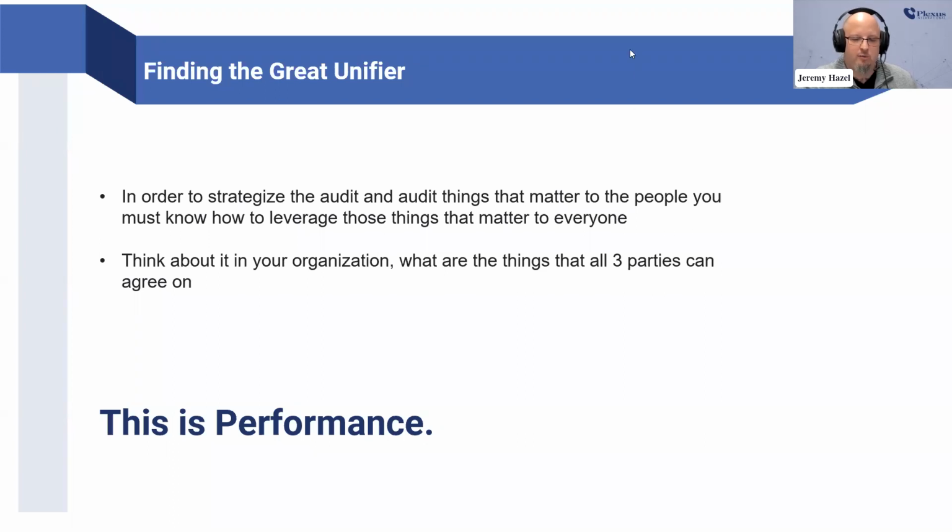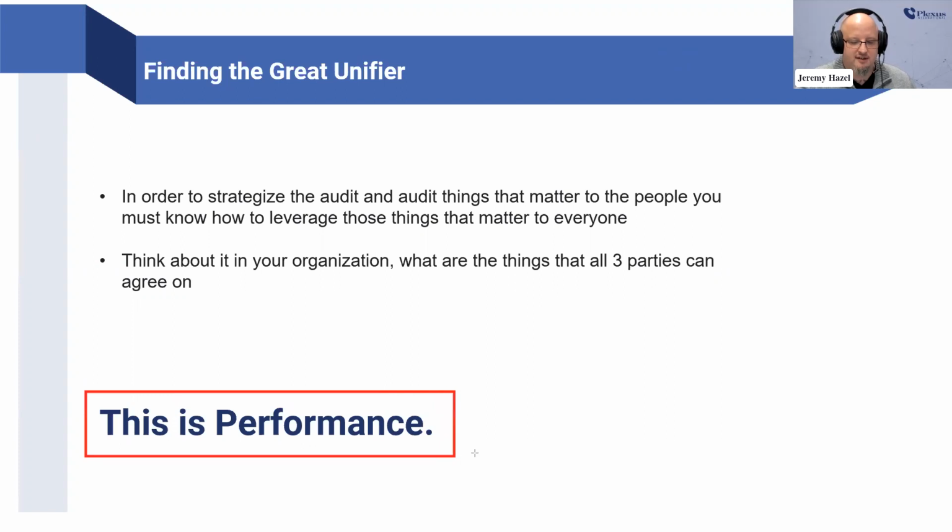Once you have your audit figured out in terms of what you're going to do, you want to think about things that all of the different parties can agree are important. And the thing that I'm going to bring you back to time and time again is performance. Folks, performance is the great unifier.